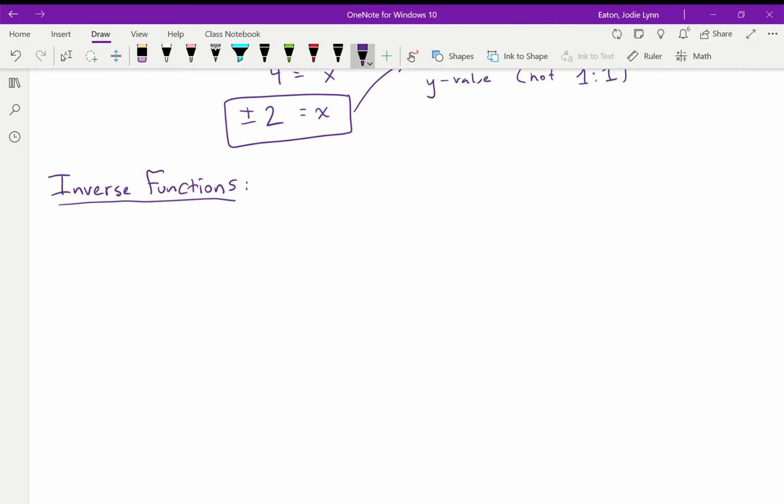But with partial inverse relationships, some information is lost. If I say I took a number and I squared it and the answer was 4, what number did I start with? I can't tell you exactly, because it could be 2 or it could be -2.